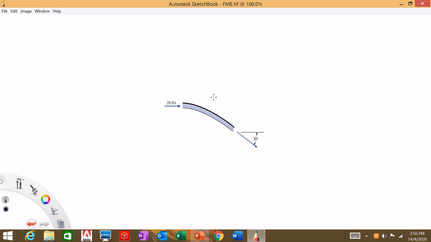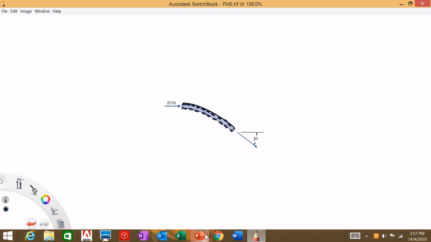The first step is to choose a suitable control volume, so this will be your control volume, the vane starting from the inlet. It's not nice here, I will just redraw it again. The control surface is the dotted line. Okay, this is the first step.